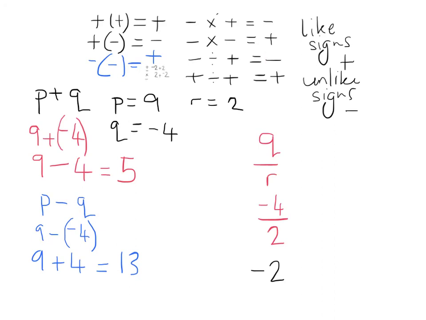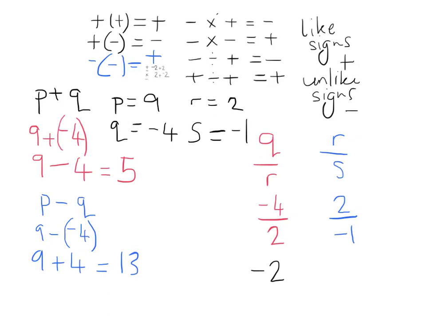Let's try one more before we end the video, and you can practice these yourselves. Alright then, let's have a look at r divided by s. I have to tell you what s is. We'll add this in. S is equal to negative 1. Alright then. So r, what's r? We know r is 2 over, or divided by, negative 1.